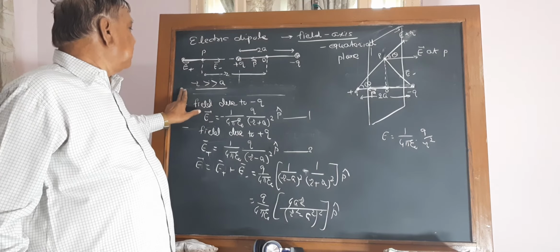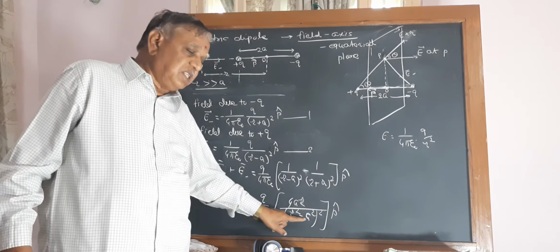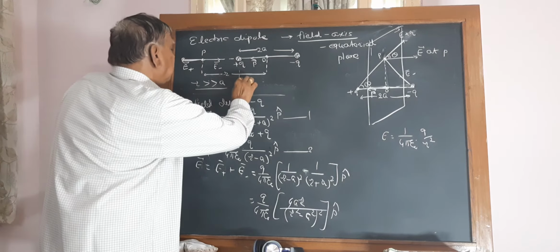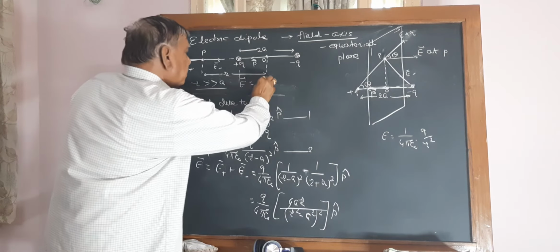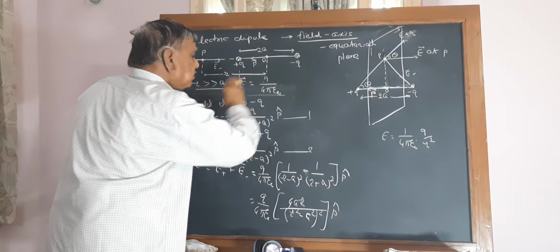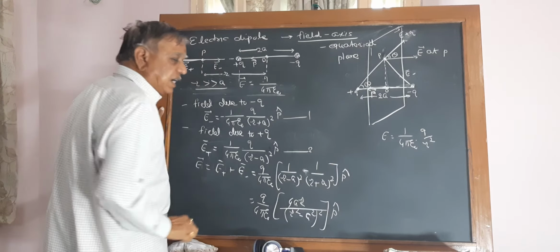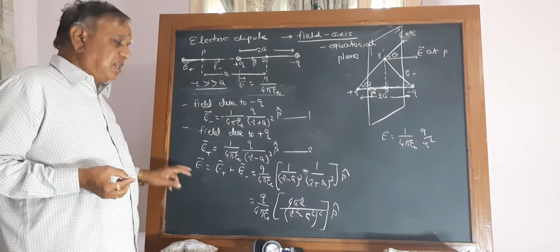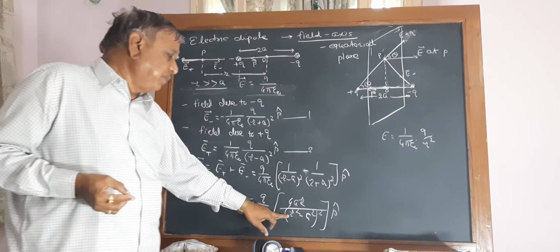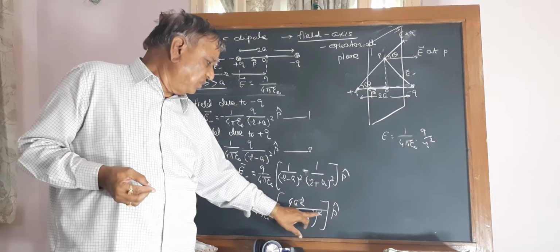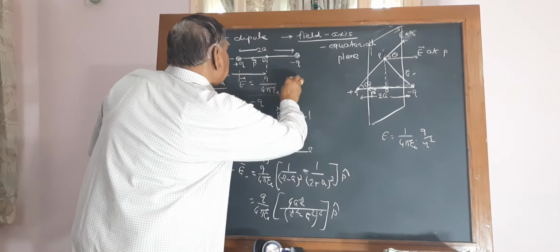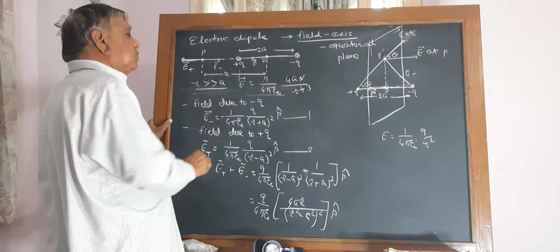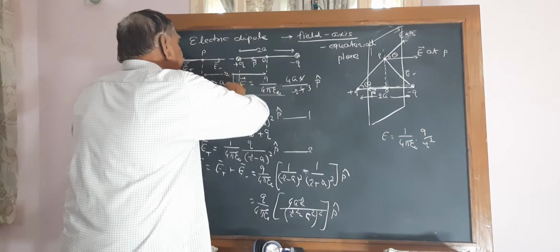So the final answer is q upon 4 pi epsilon 0 times 4ar upon r raised to 4, which means 4a upon r cube, along the p vector.